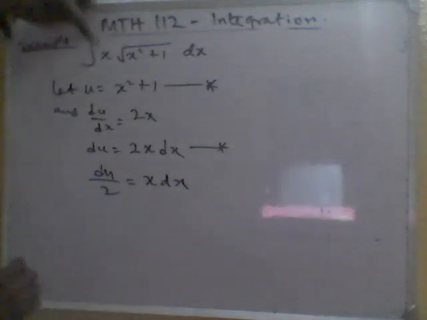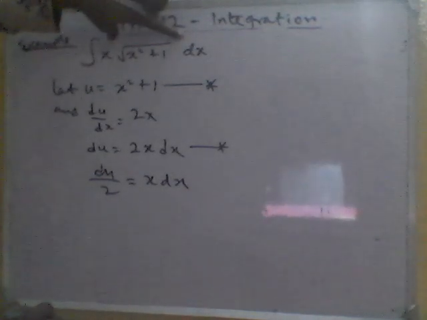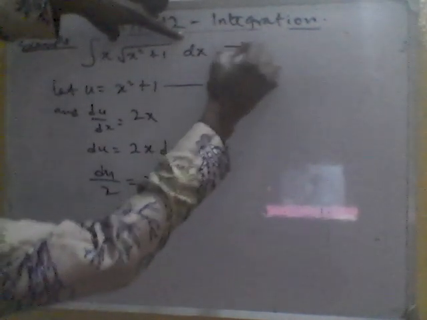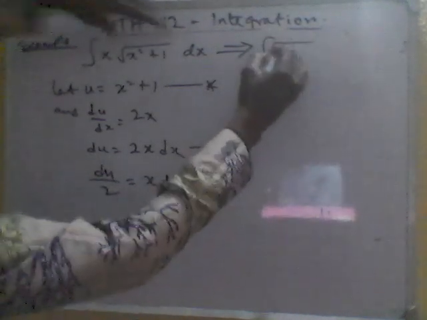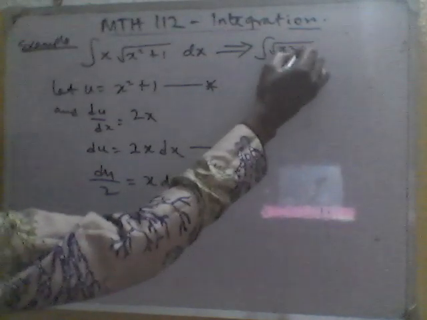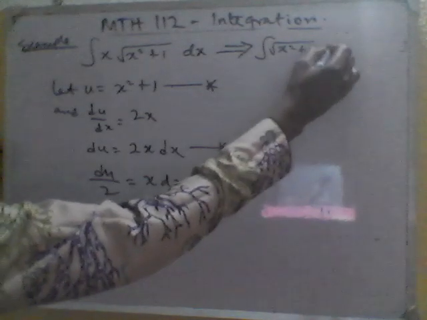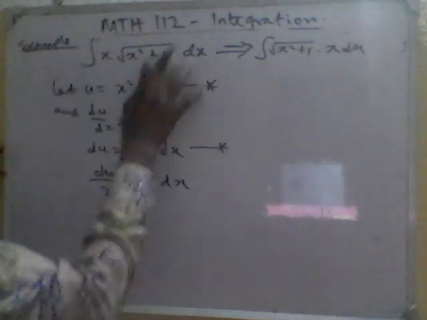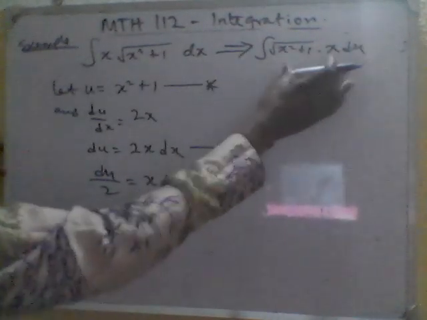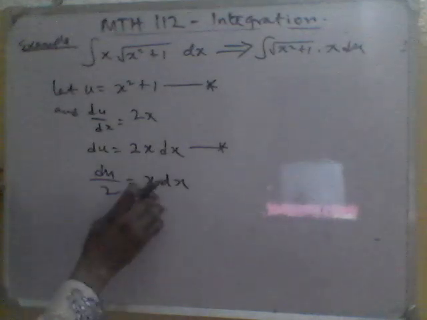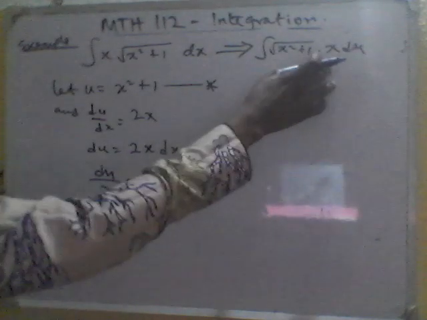I am seeing x dx here. If I arrange this, this is the integral of the square root of x squared plus 1, dot x dx. That is, this x came here so that it can be like this, you understand? So now I have gotten how to substitute this. Let me go and substitute here.